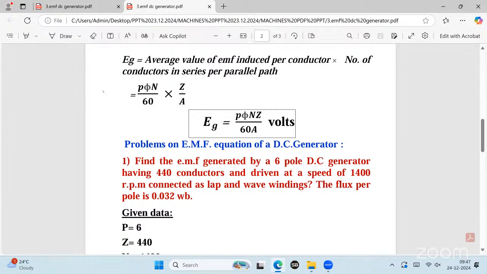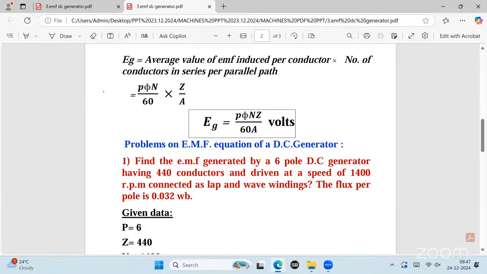Now A. What is A? Parallel path. There are two designs, and you will mention in the problem: lap connected design or wave connected design.